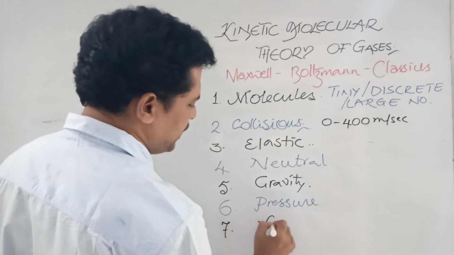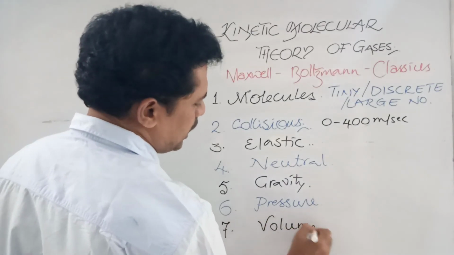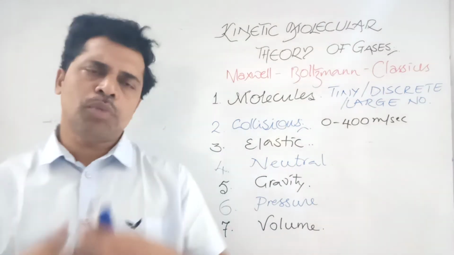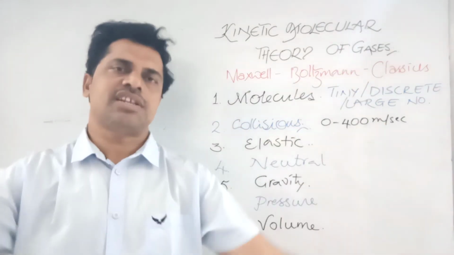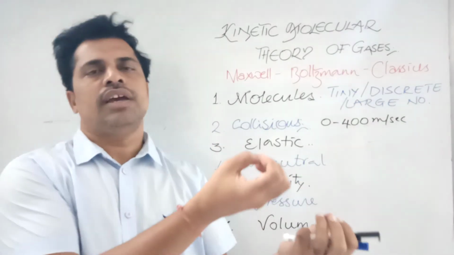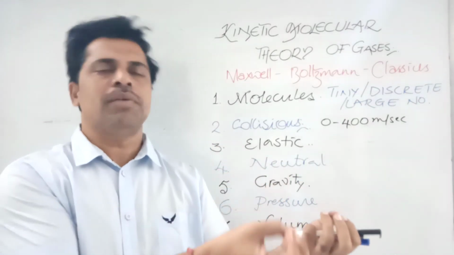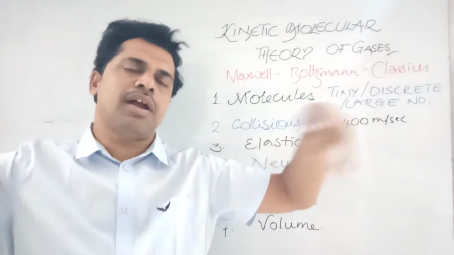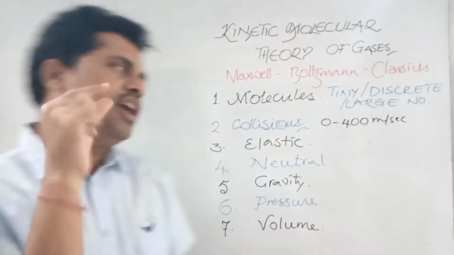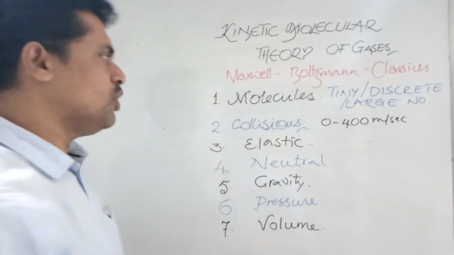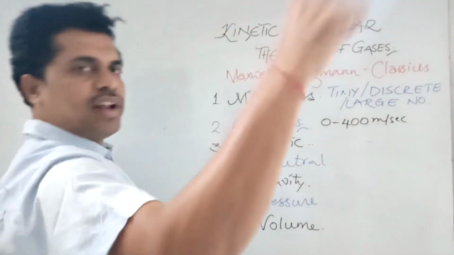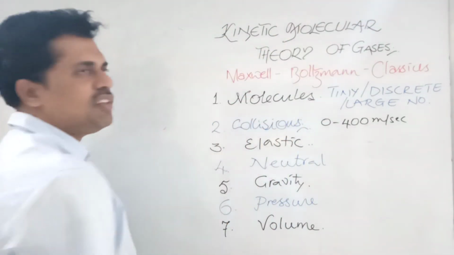Then seventh point is volume. About gaseous molecules volume, gases occupy the complete container. For example, in this classroom, if you take some perfume, the gas particles are going to occupy the complete room. But if you bring all those molecules together, a small space is sufficient for them. When you compare with the overall classroom, this space is going to be very, very small.